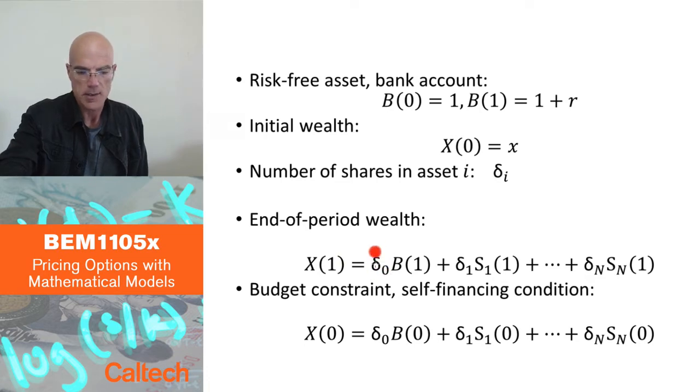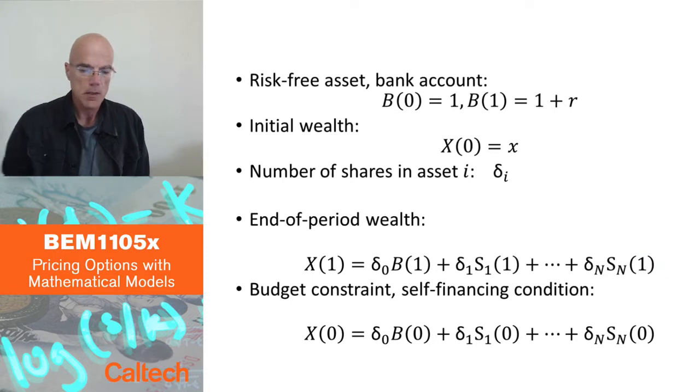You can think of this as the shares in the bank. So it's going to be delta 0 times B of 1, which is 1 plus R. That's how much the initial money delta 0 in the bank goes to, plus the number of shares delta 1 in asset 1 times the price of asset 1 at time 1, and so on, plus the number of shares delta n in asset n times the value of asset n at time 1.